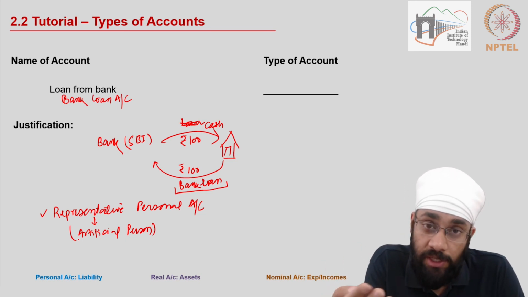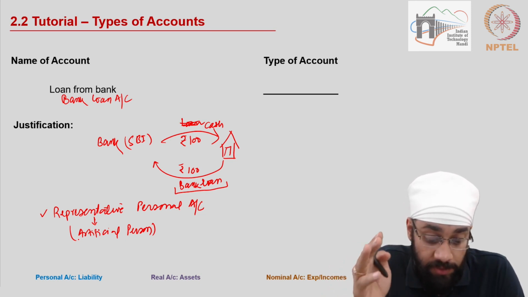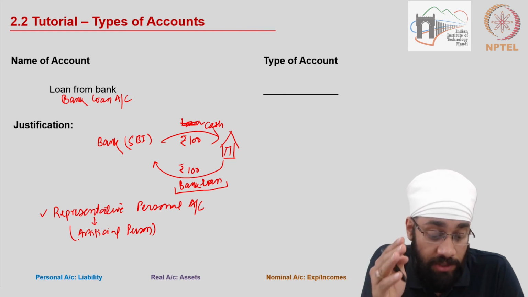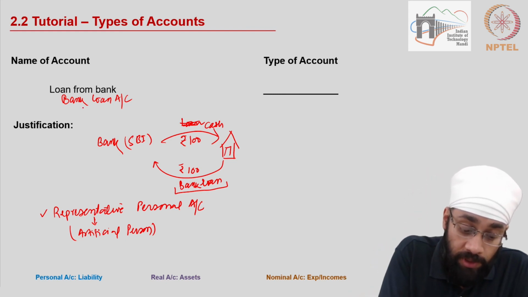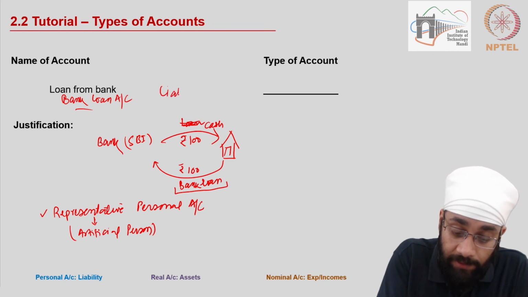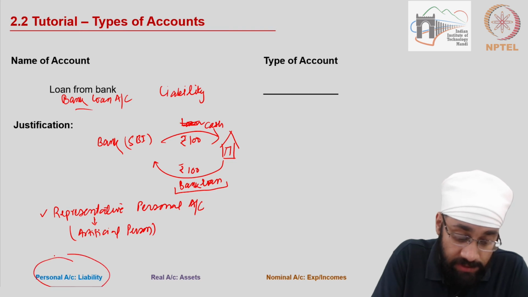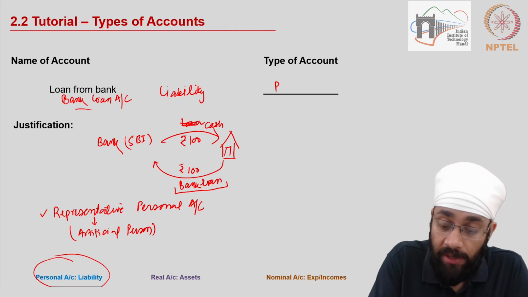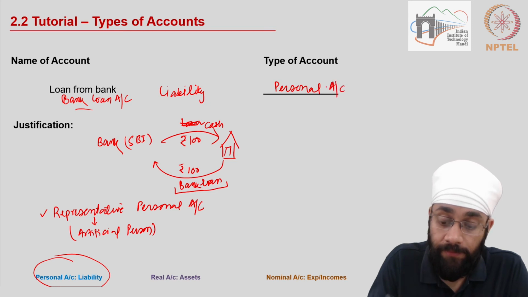It's an organization. It's an artificial legal person. It has an identity of its own. So loan from bank therefore is a liability, and all liabilities, as the rule says, are called personal accounts.